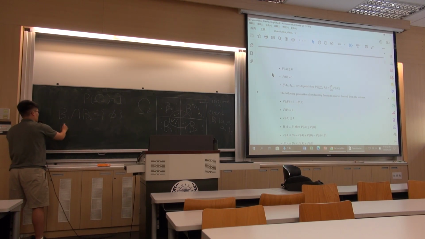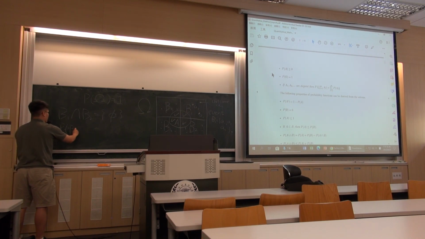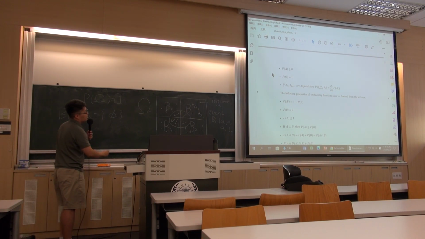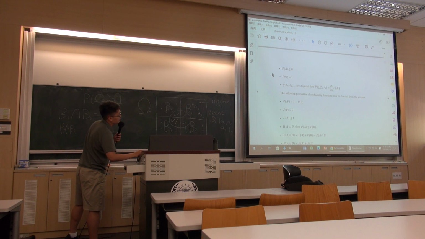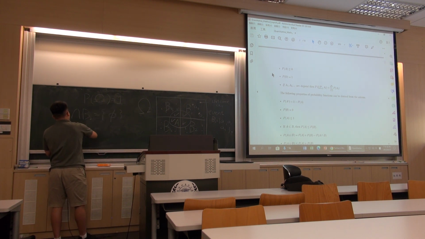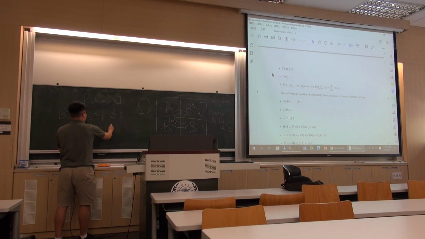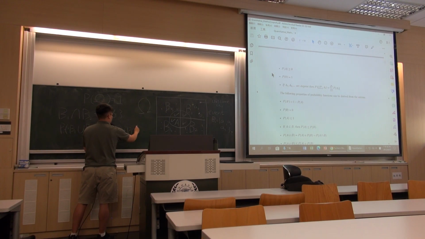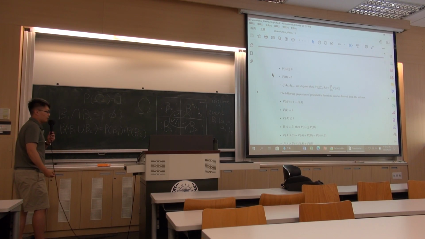So the probability of the union of B1 and B2, since they are disjoint, you can directly add it up. Okay.